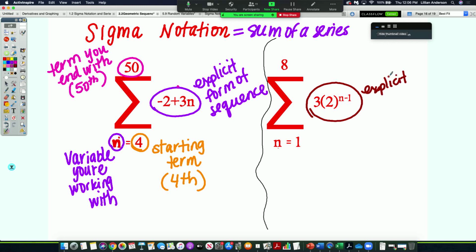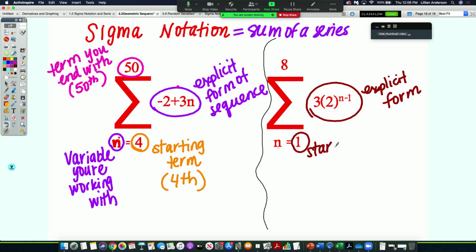In this particular problem, I'm starting with which term? What term am I starting with? One. I'm starting with that one, that first term.